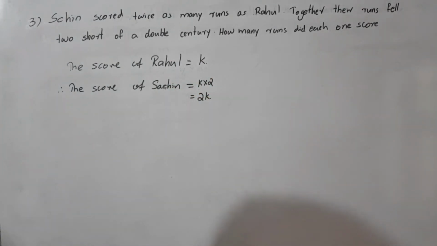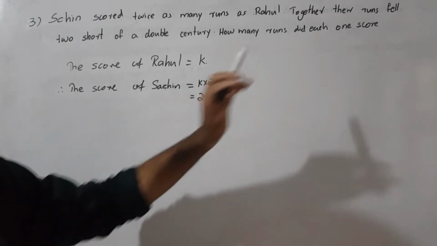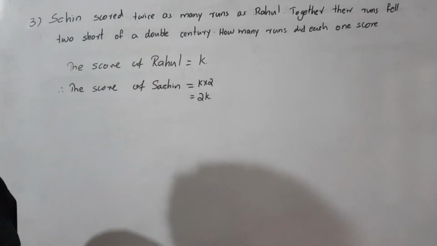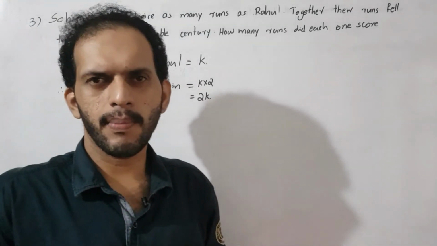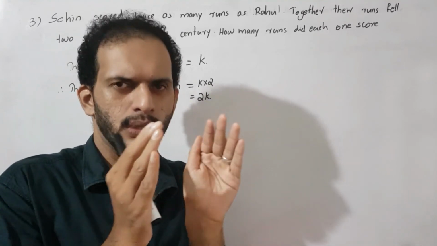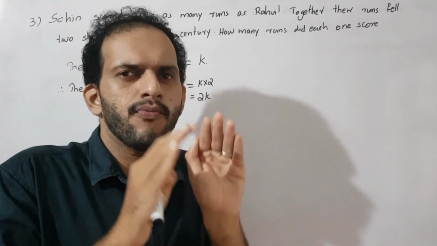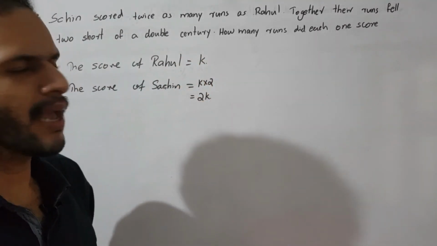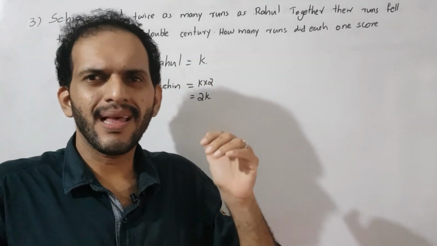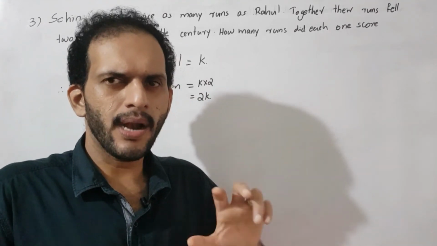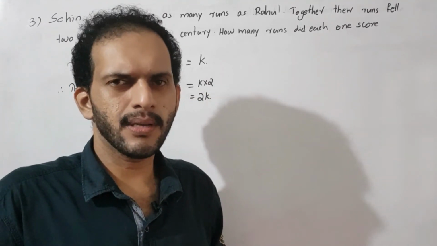Then what is next? Given the relation of these two, together their runs fell too short of a double century. We know what we mean by double century. Double century is 200. അപ്പോൾ ഇവരുടെ സ്കോർ ഒന്നിച്ചെടുത്താൽ, means if we add the score of Rahul and the score of Sachin, that one is 2 less than the double century, too short. രണ്ട് കുറവാണ് ഏതിനേക്കാൾ? ഡബിൾ സെഞ്ചുറിയേക്കാൾ.